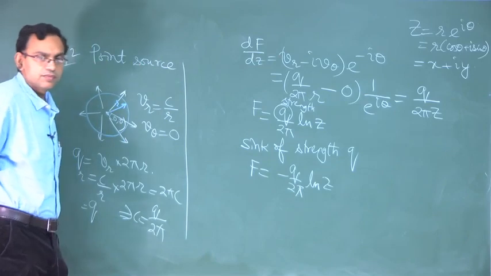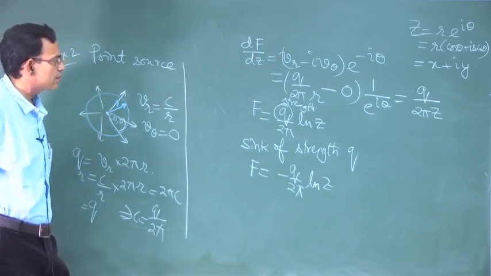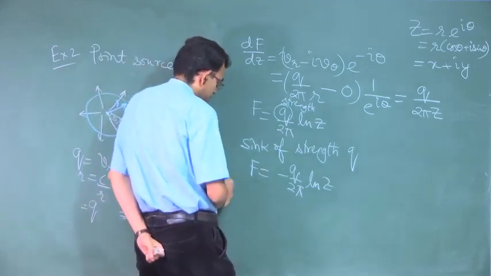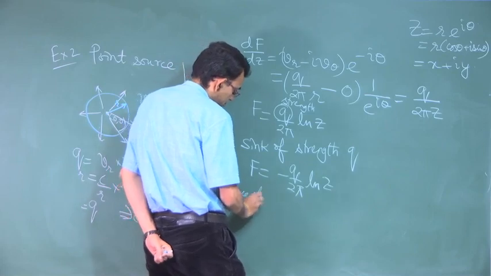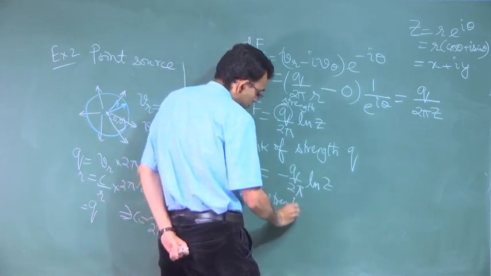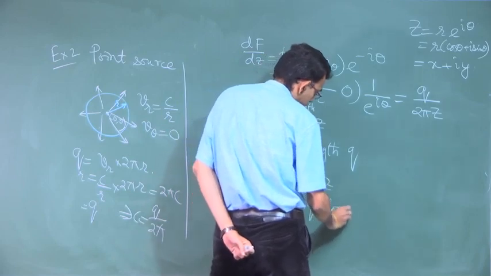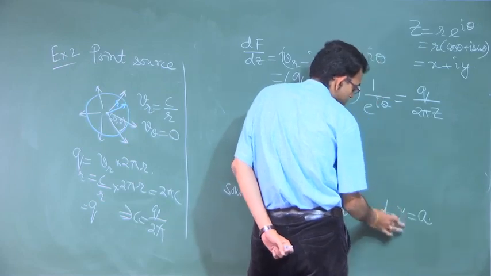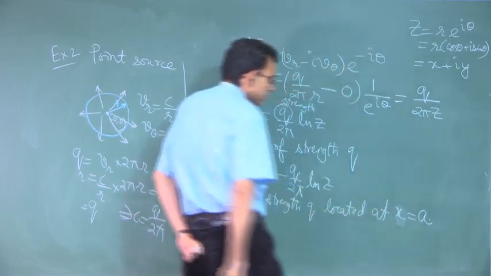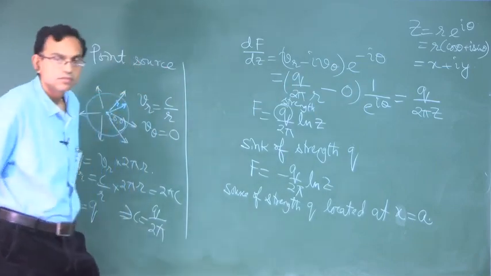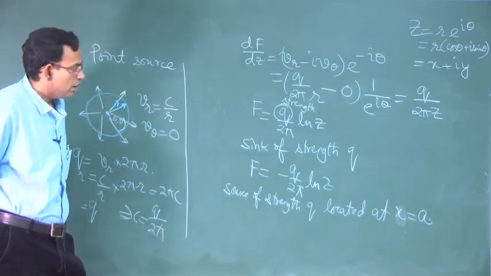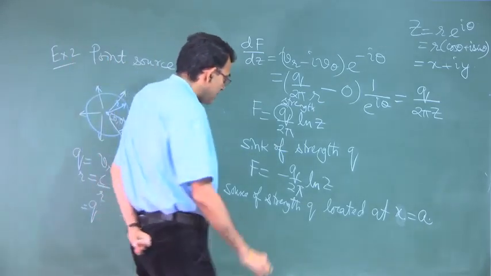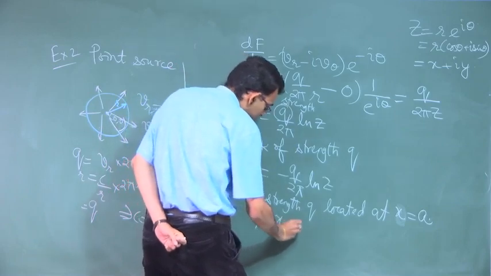What happens if it is a source of strength q located at x equal to a? What it will just require is a translation of coordinates. So, let us define capital X is equal to small x minus a.